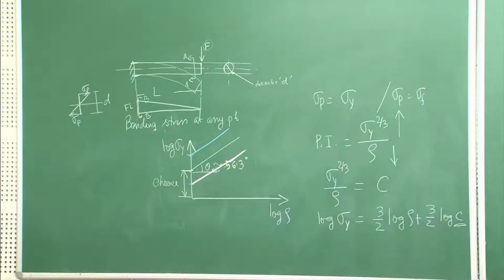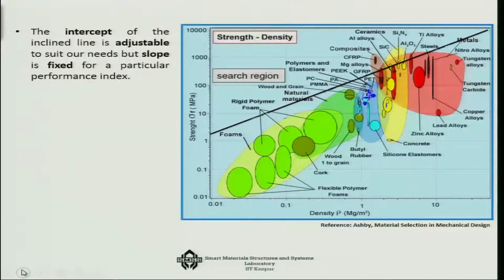Okay. So, let us look into the Ashby chart, that how this slope would look like. If I now go back to the Ashby chart, we can see that this is the strength versus the density plot, and we have many possibilities here. Let us look into once again the materials.